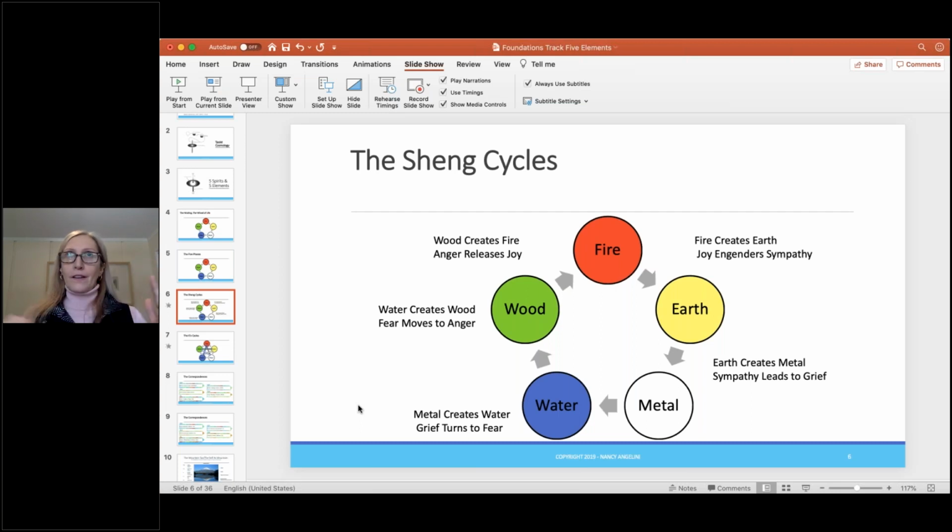So this is a part of the cycle of loss. But anger, when we release anger and we don't suppress anger, our hearts can move again, and then we have joy again. So it's this real repetitive cycle. It's ongoing, it's repetition, it's gestation, birth, transformation, death. It's the life cycle of everything.